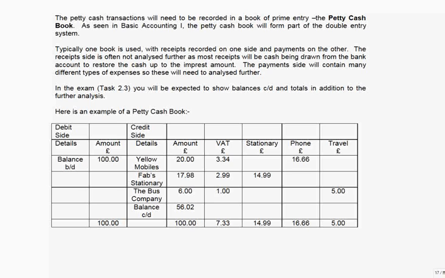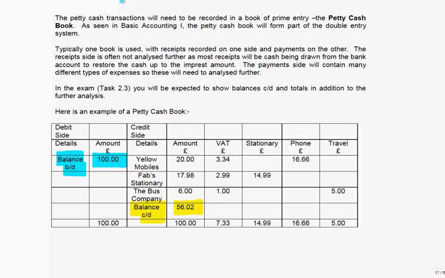You will also be expected to work out the balance carried down on the petty cash book. So you look at the debit side, this will tell you the opening amount, and this is the imprest amount that the business uses. So here in this example they're looking at an imprest amount of 100. So in that tin on the first day of the month there's £100.